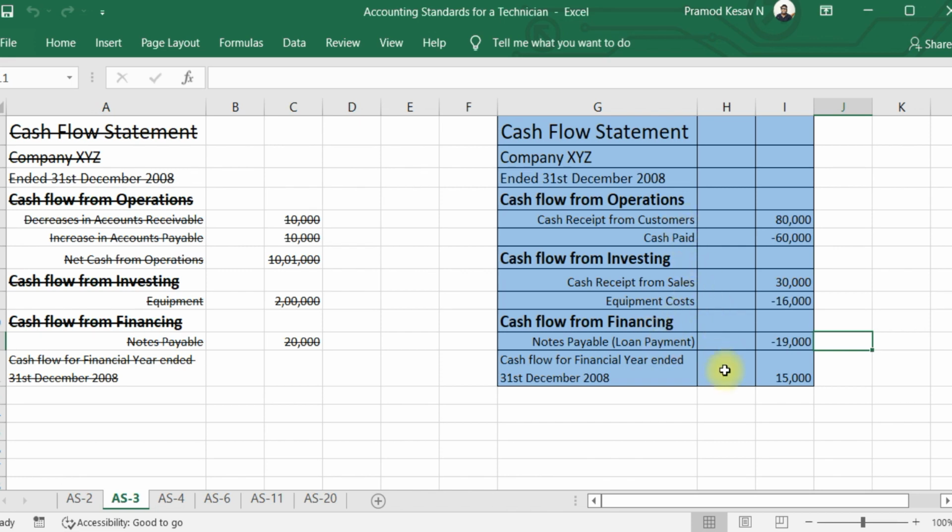We add cash receipt from customers in operations and cash receipt from sales from investing, and deduct cash paid from operations, equipment costs from investing, and notes payable or loan payment from financing, and we reach a final figure of 15,000.